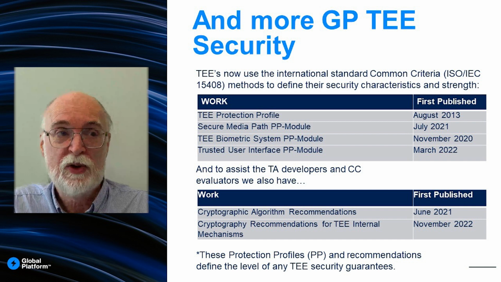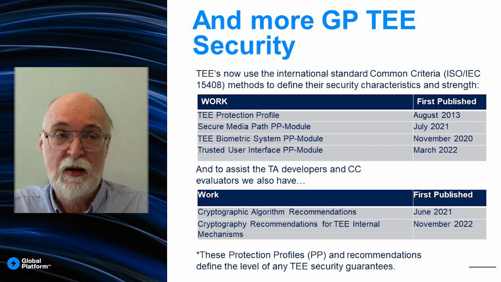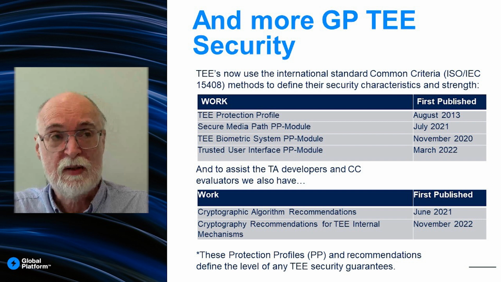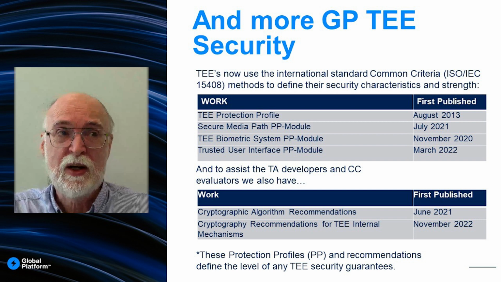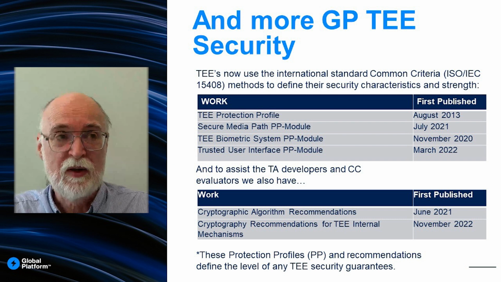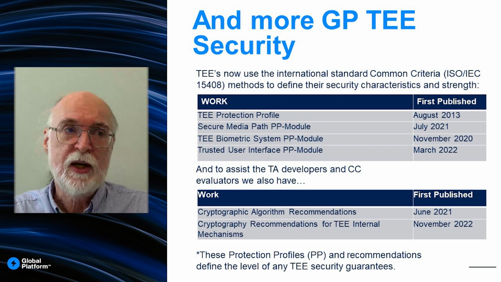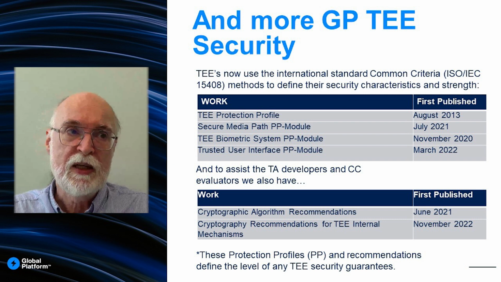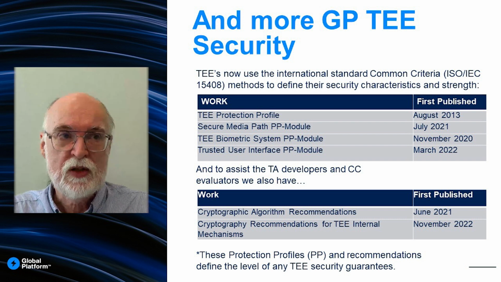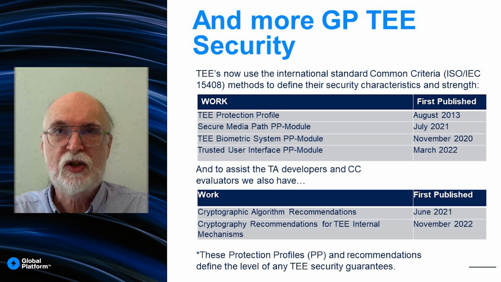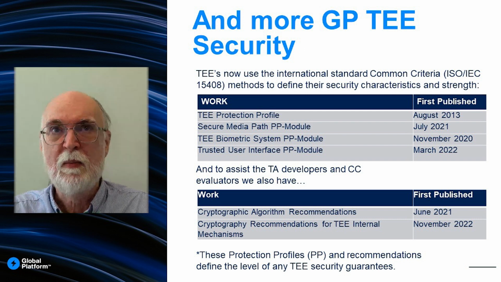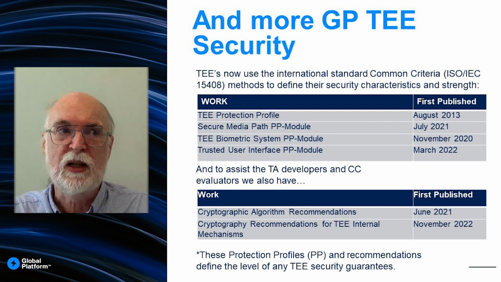We can't enforce what you do as a trusted application writer today, but we can make recommendations how you write your applications and try and be helpful that way. And then there are also internal recommendations which drive how the trusted execution environment itself must provide security.